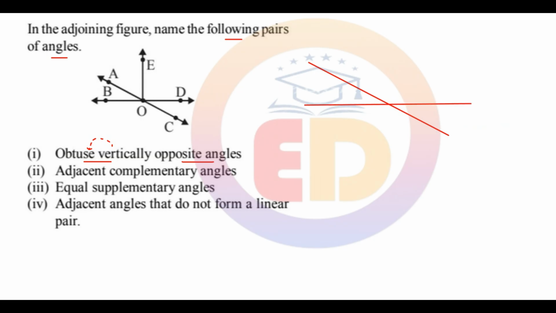Now here you can see we have taken this diagram separately from the one which is given in the question. And you can see that here we have two pairs of vertically opposite angles. The first pair is angle BOA and angle COD.